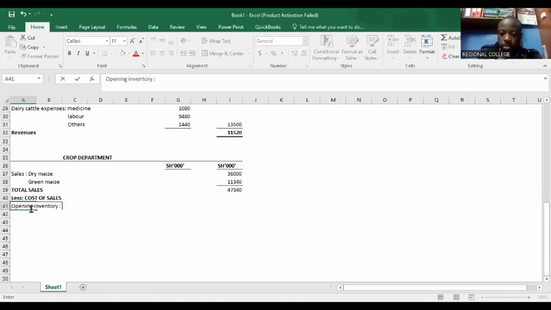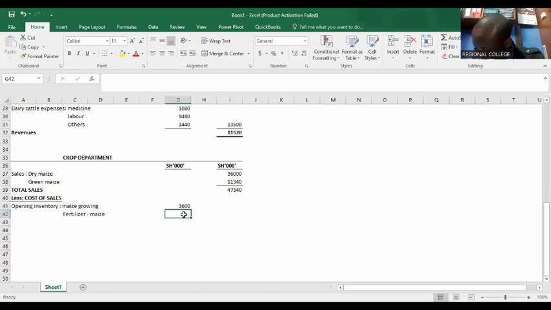Maize growing is 3600. The next one, fertilizers for maize, 1980.